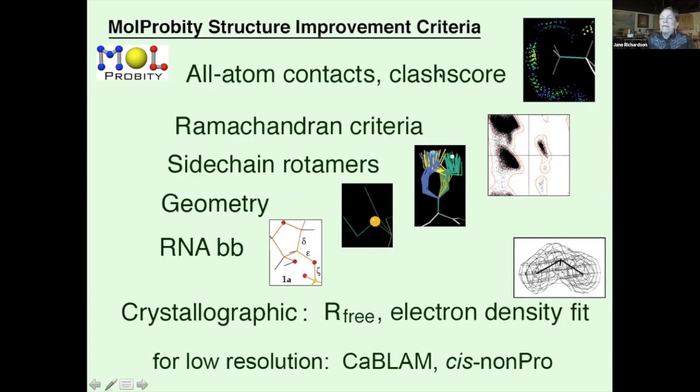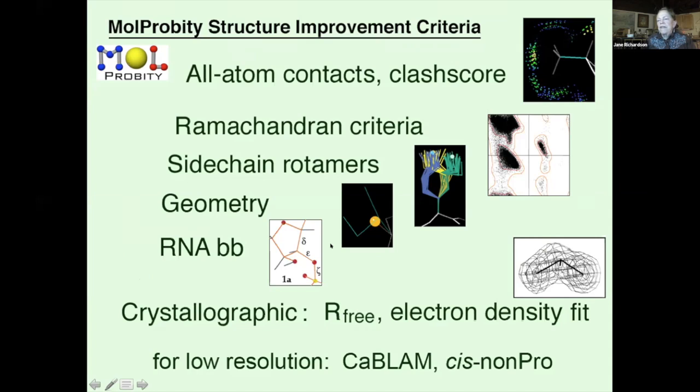What got us started on this was all atom contacts. We were doing protein design and we realized that we needed to have much better, accurate evaluation of how atoms were actually touching each other, including the hydrogens. And that got us started. Then we had to update other kinds of validation to go along with it.